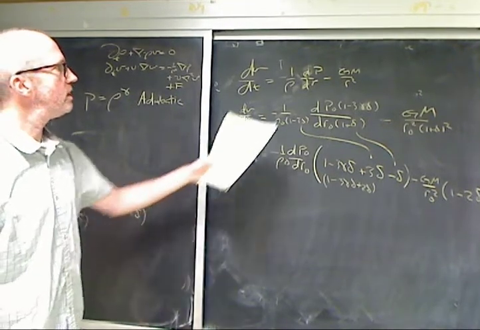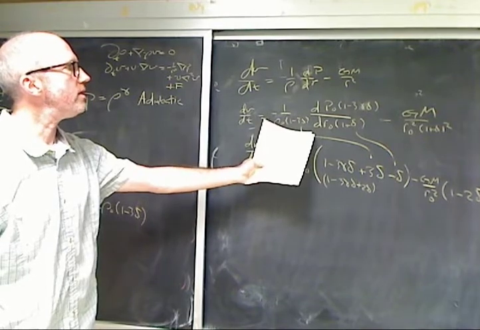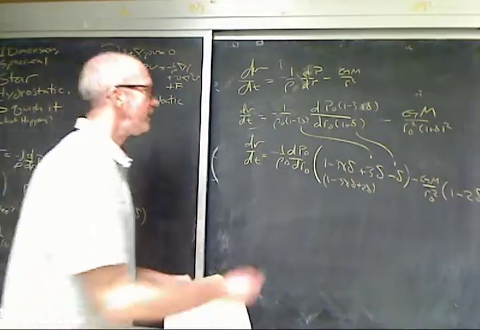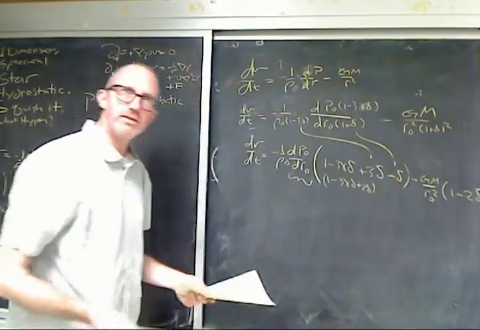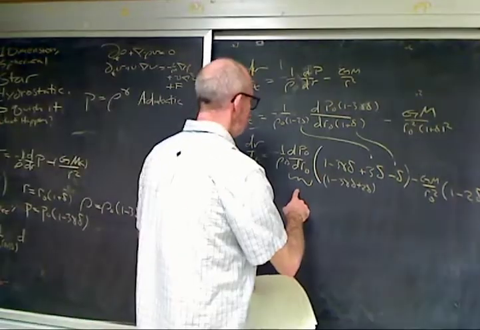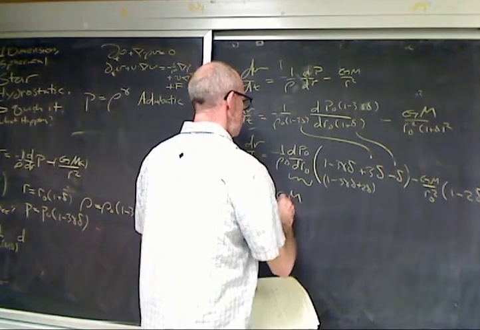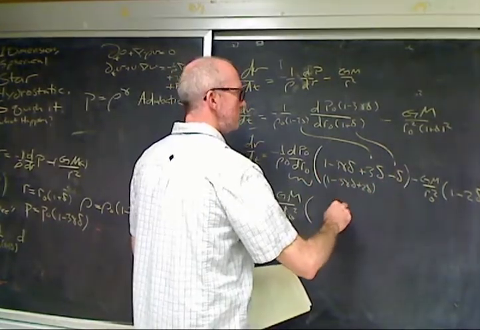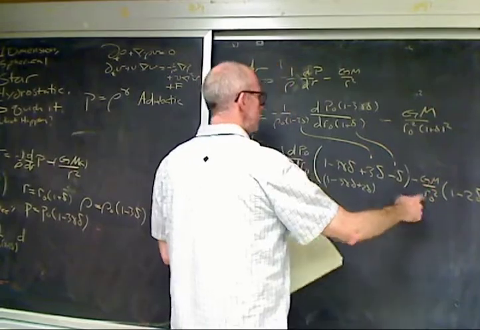Okay, so I plugged in 1 plus delta everywhere that it mattered. I did some more Taylor series, and I'm left with this business. Now here, I'm going to use the background solution. Sorry, I missed 1 over rho naught here. 1 over rho naught dp/dr is minus GM over r naught squared. This is our equilibrium solution, so I'm just going to use it. So we'll stick that in here. I'm left with GM over r naught squared times, with a little bit of algebra, a 1. Now this thing and this thing are the same.